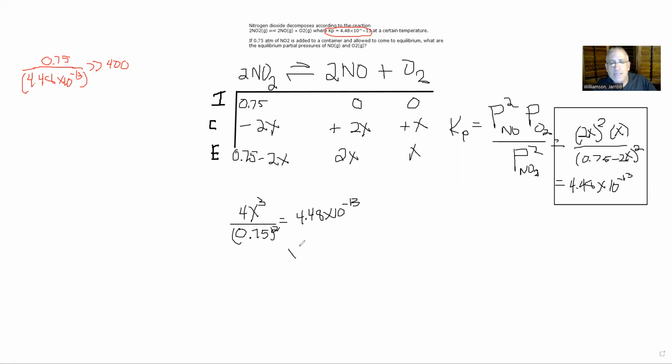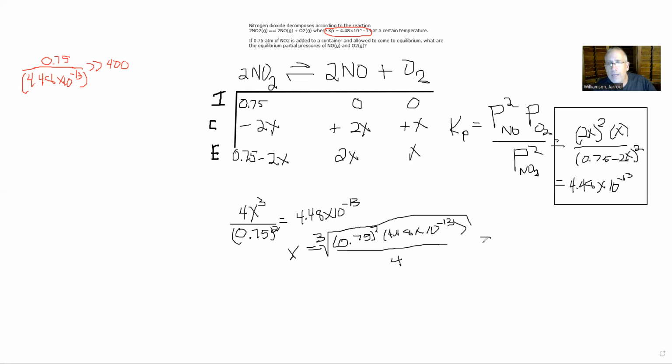Solving for x, x will be equal to 0.75 quantity squared times 4.48 times 10 to the minus 13 divided by 4, and it will be the cube root of this.